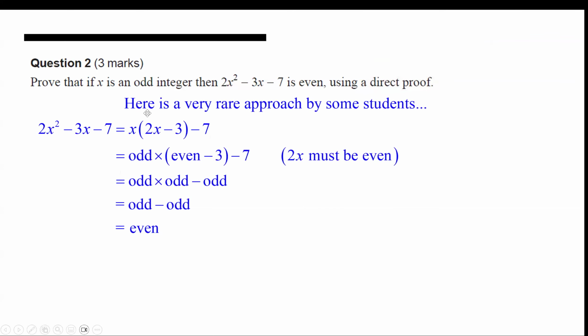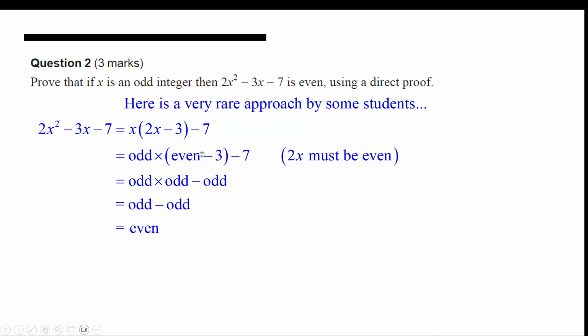Alternatively, if you look at the assessment report, here is a very rare approach by some students. They could argue that 2x squared minus 3x minus 7 is like x times (2x minus 3) minus 7. But then they have to argue very carefully because x is an odd integer and 2x is an even number. When an even number takes away 3, it's an odd number.